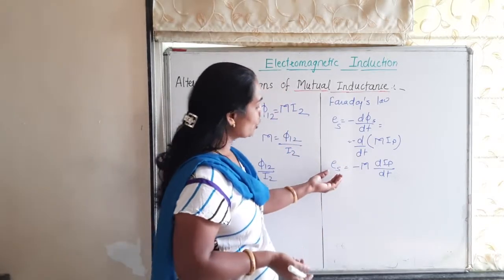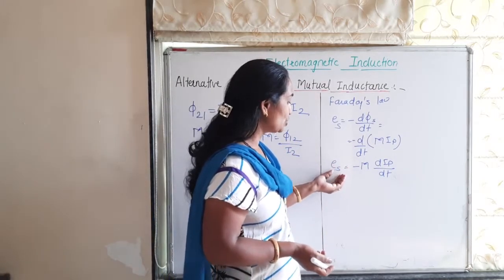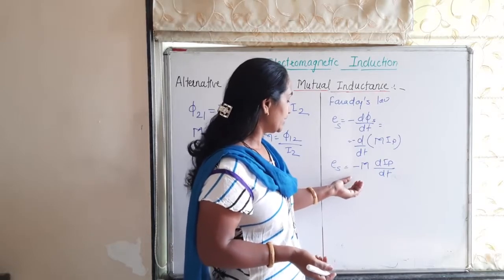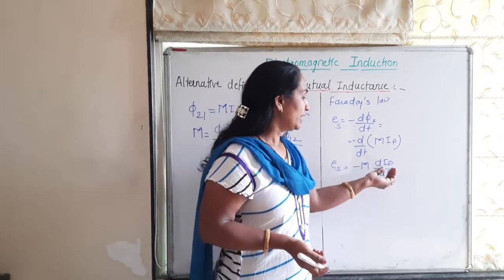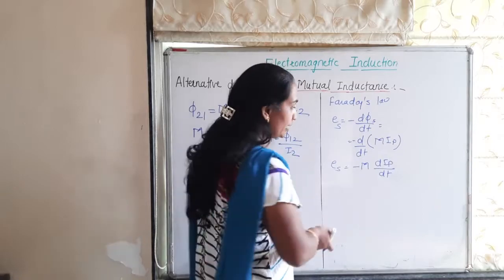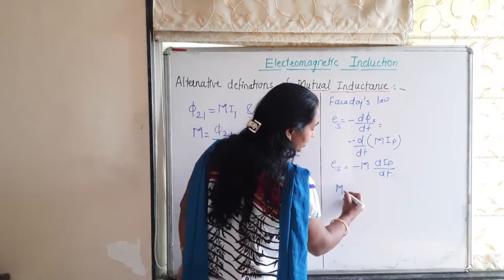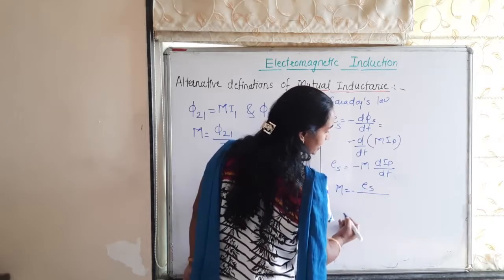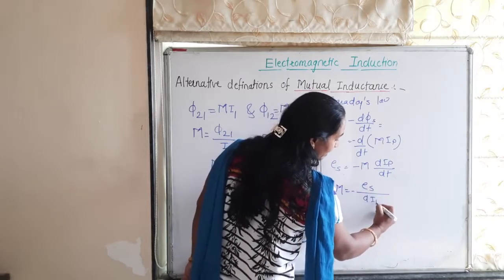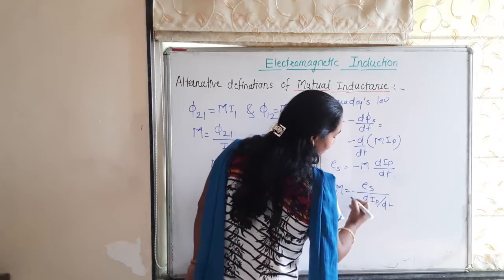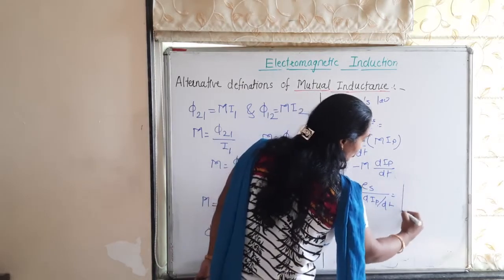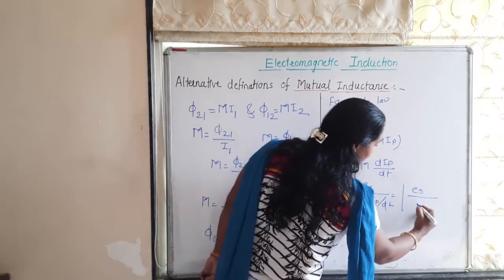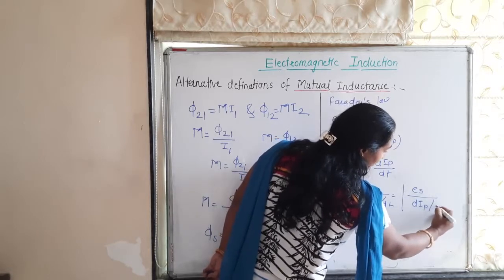This is the equation of ES: the induced EMF in the secondary circuit is equal to minus M dIP upon dt. Again this can be written in terms of M. In magnitude form, M is equal to ES upon dIP upon dt.